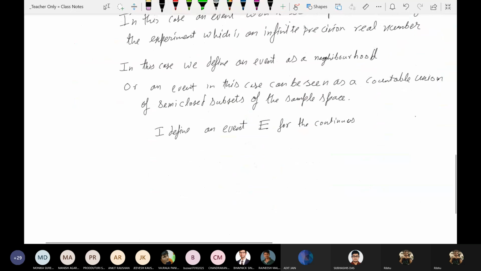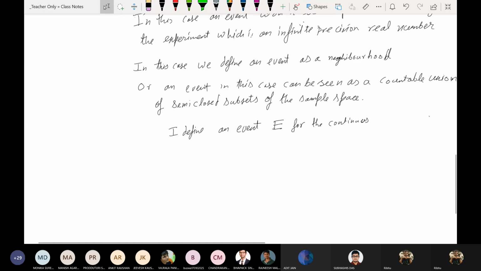So anyway, I define an event for the continuous sample space omega as E such that E equals the union over i equal to 1 to n.